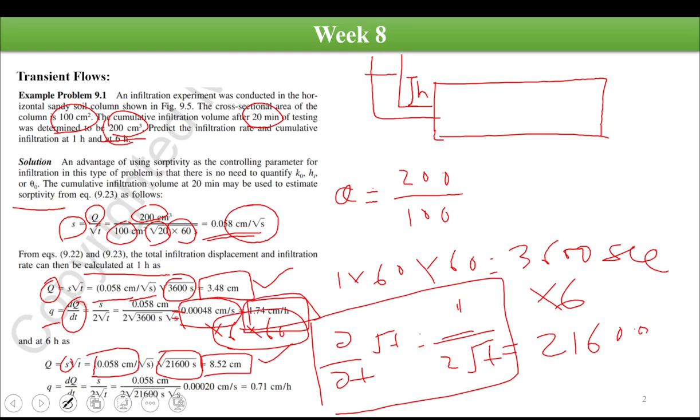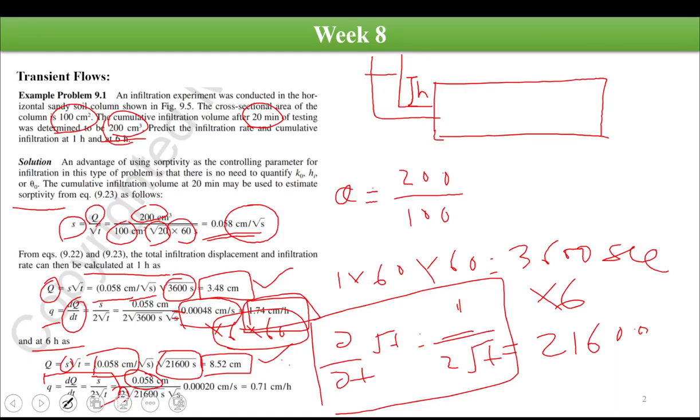In a similar way, we can do the same exercise for 6 hours. Okay, we can determine that q is equal to S upon 2 square root of T, and it will be equal to 0.058 upon 2 times the square root of 21600.